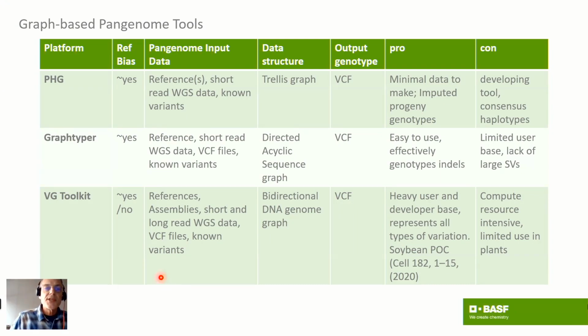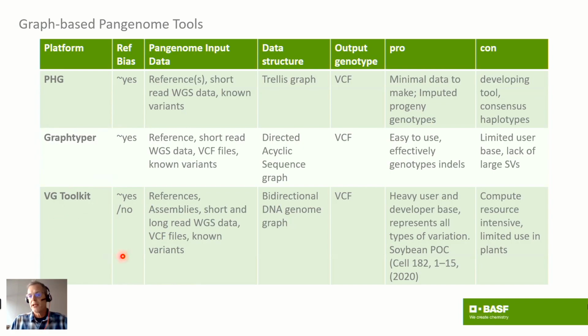So let me quickly summarize those three tools just to highlight some of the differing aspects. They all do retain some part of a reference bias. So for practical haplotype graph and GraphTyper, they are essentially based on a linear reference, but they incorporate variation into that context.